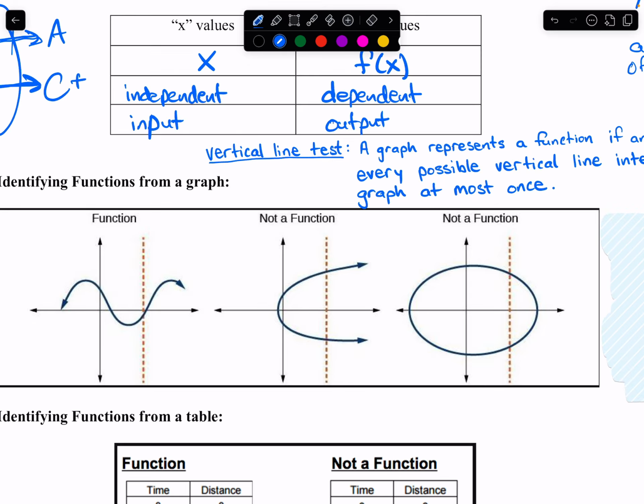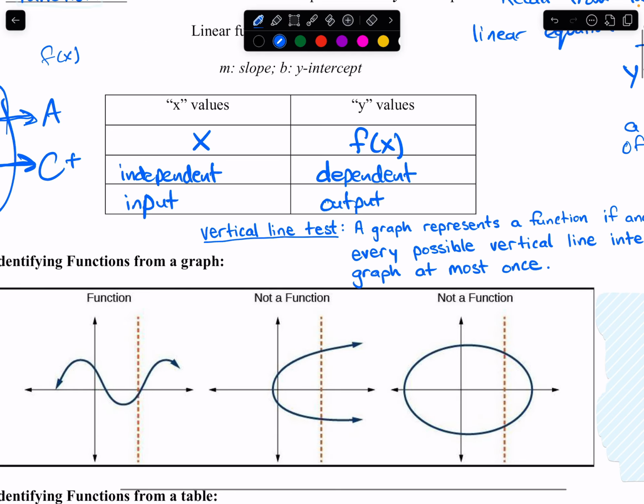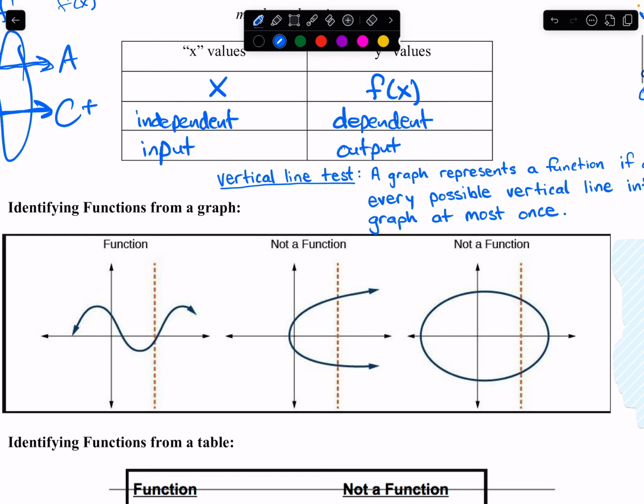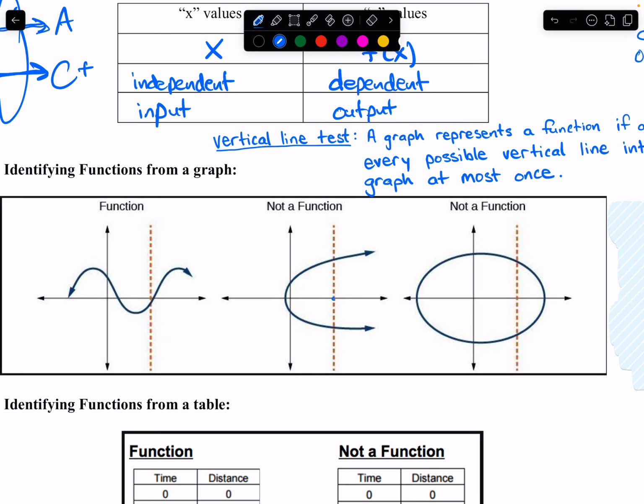And you can tie this back to the rule that each input has exactly one output. Because this is an x value, it's our input, but it maps to two different y values, two different outputs. There's the first y value, but that same x also goes to a different y value, so it's not a function.